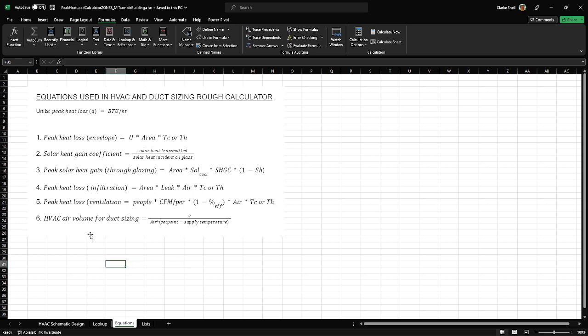So when we're talking about infiltration or ventilation, we have a leakage rate per area, we have a temperature differential, and then all of that we need to convert to BTUs per hour. We do that with a constant that basically says how much heat air is going to contain at this temperature. So when we're losing that air through the envelope, we need to know how much air.